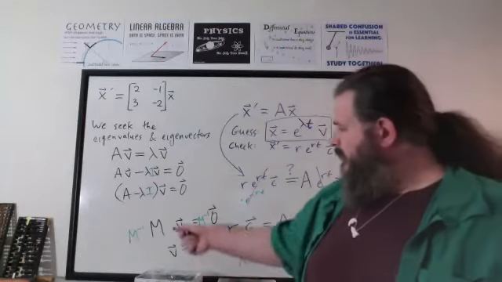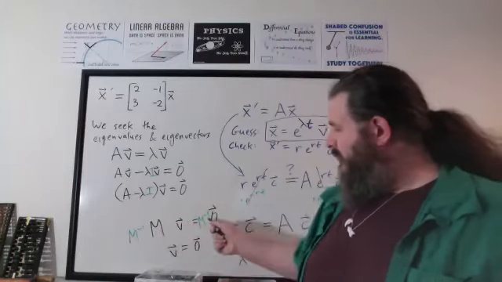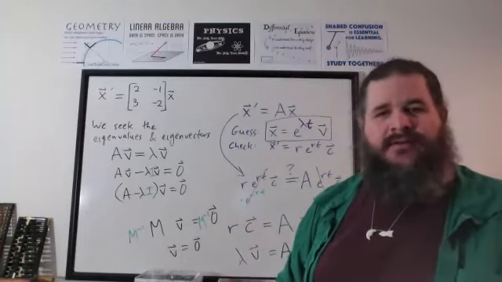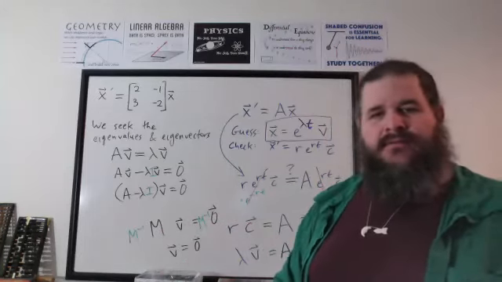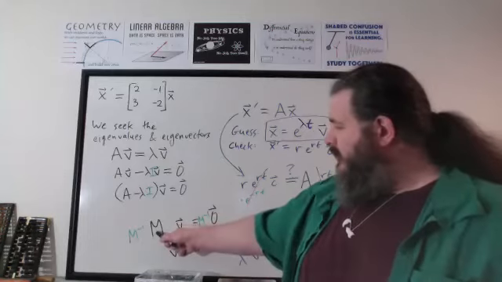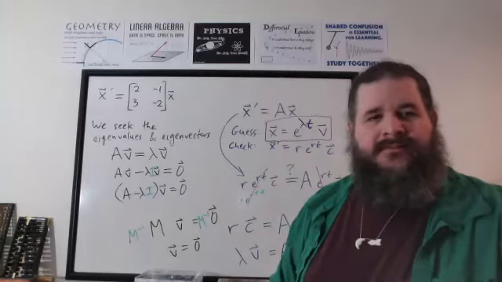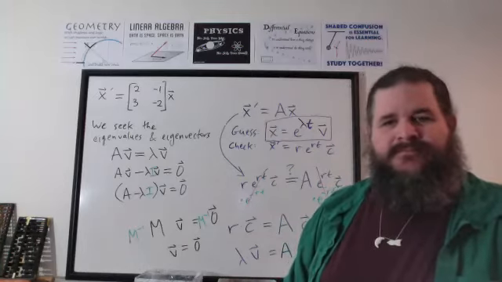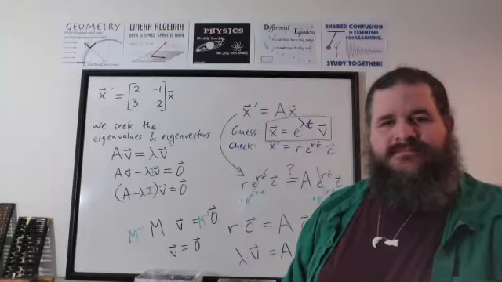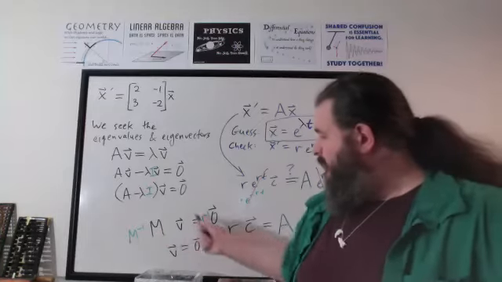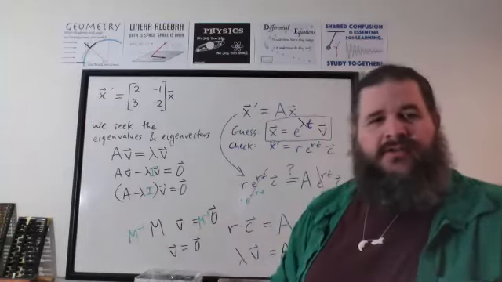Is there any way to avoid this conclusion, or does MV equals 0 have to lead to V equals 0? Well, specifically, what has to be true about the matrix in order to not get V equals 0 as the only solution? It looks like if we can just multiply both sides by M inverse, then 0 is the only solution.